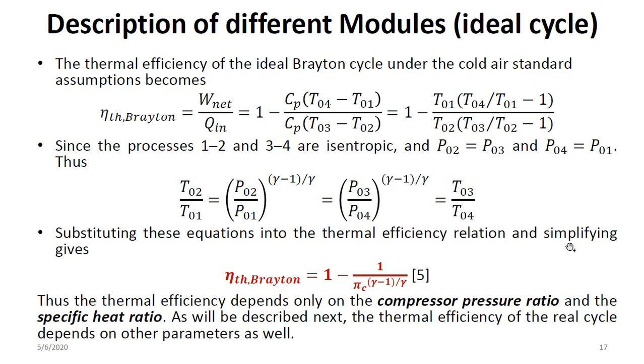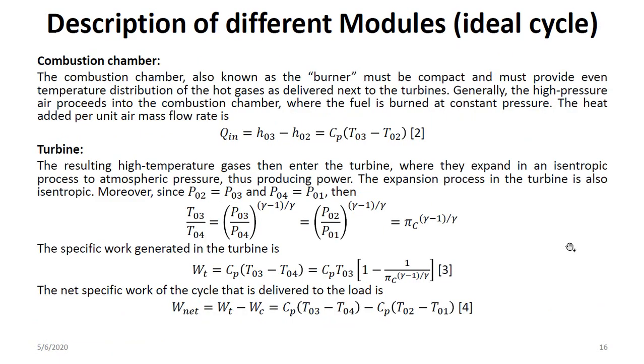And now we look at the thermal efficiency. So the thermal efficiency of an ideal Brayton cycle under a cold air standard assumption is equal to the net work divided by the heat input. So the net work from the previous equation, so equation 4 is the net work.